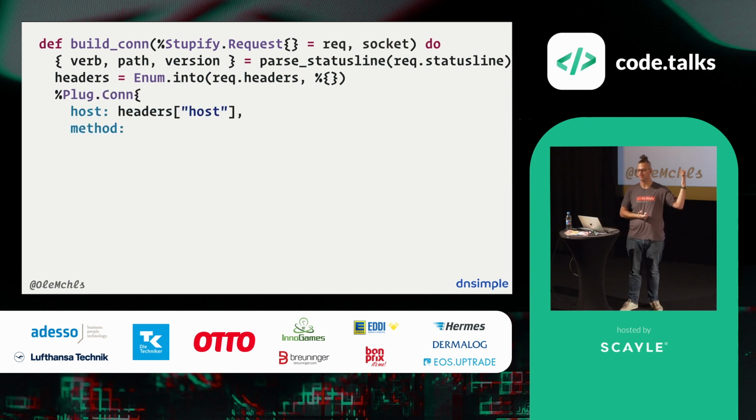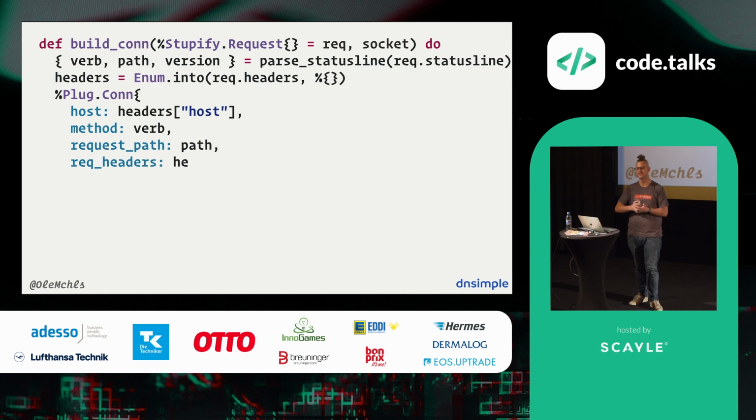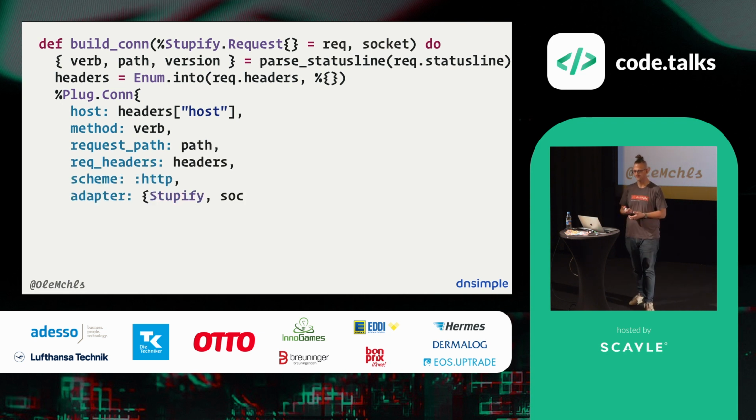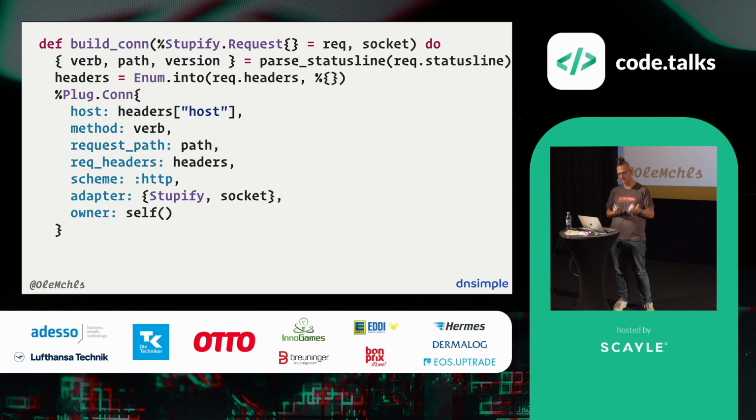And this is how we would construct the Plug connection, right? We set all the necessary fields for Plug to work. So we set the host from the host header. We set the verb as the method, request path, request headers. The scheme, we just default to plain HTTP. We specify our adapter, and that will be interesting in a second as well.